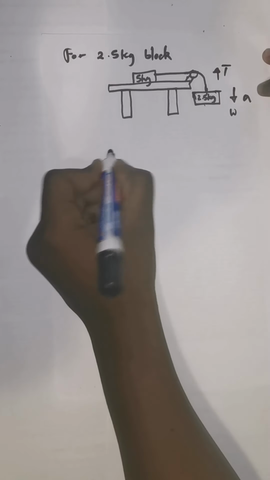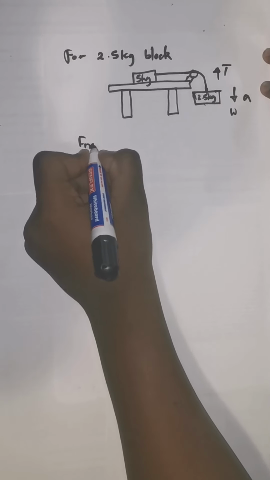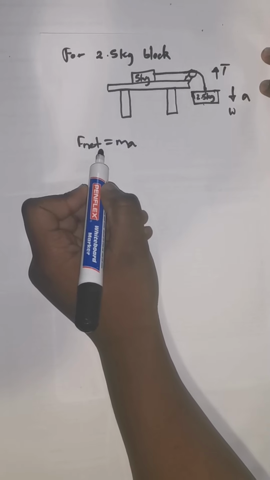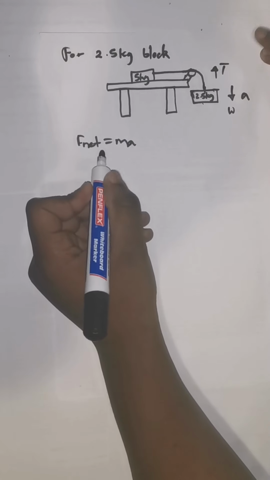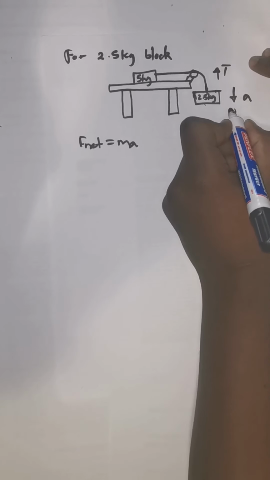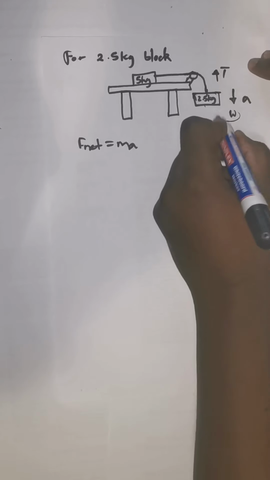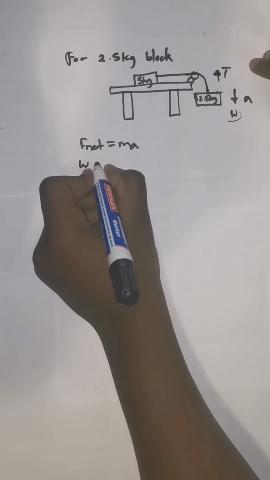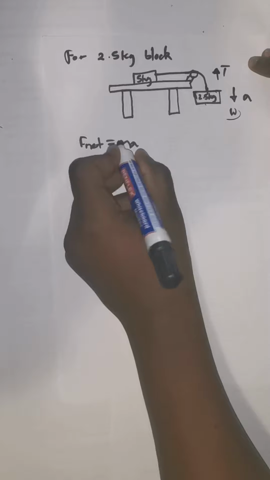And then now you need to write down the Newton's second law equation. It's going to be like this. And then we need to determine F net. So you need to put it in the right way. Remember, it's accelerating downwards. That means that the weight is greater than what? The tension. So it's going to be weight minus the tension is equal to m a.